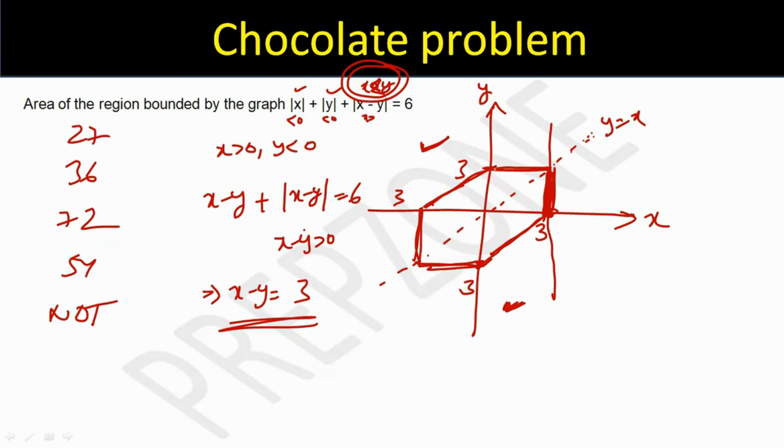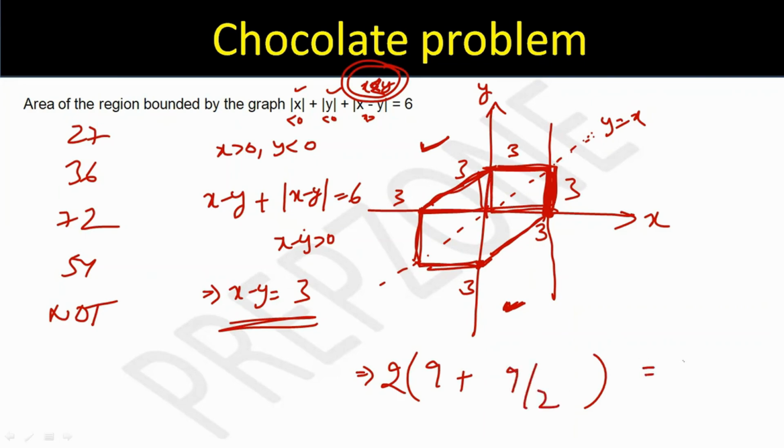Can you not simply make it as a square and a right angle triangle and then double it? Sir, woh bhi kar sakte hain. What will be the area of the square? 9, plus what will be the area of this right angle triangle? 9/2. So what will the final answer be?